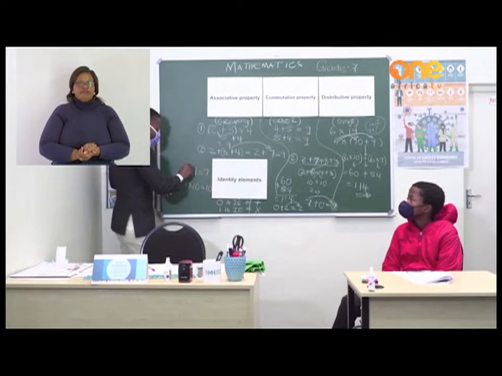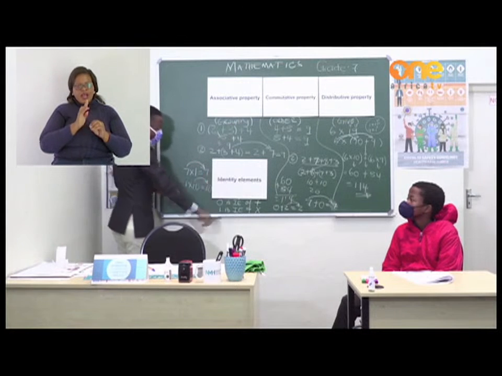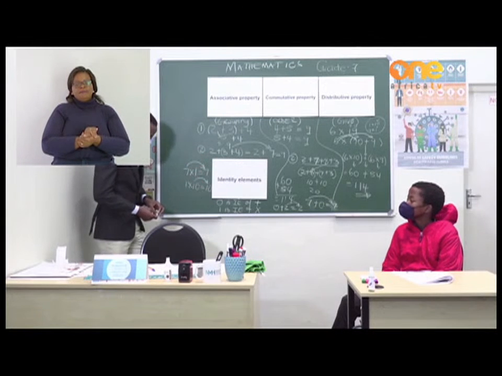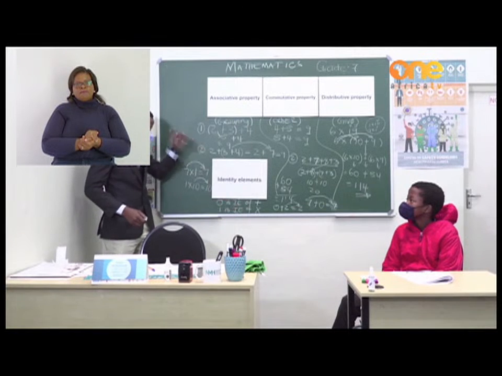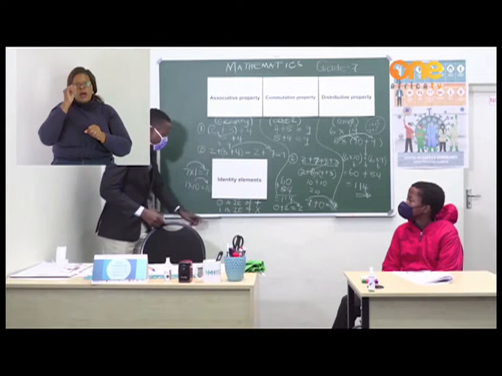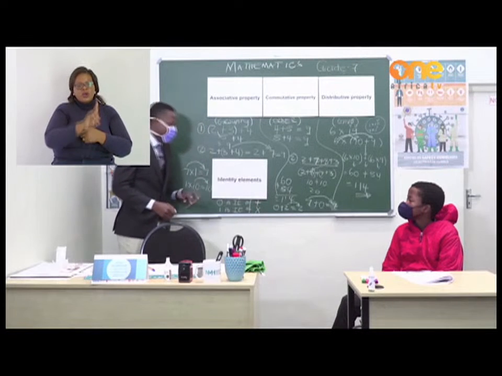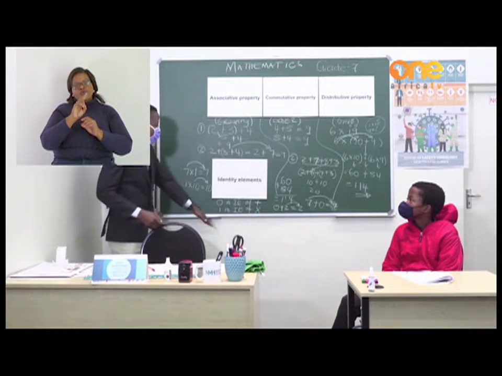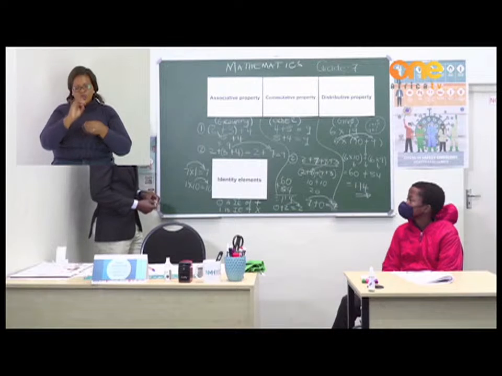So for the answer to be that number, you are multiplying with 1. So this must be fixed in the head that 0 is an identity element of addition and 1 is an identity element of multiplication. Why? Because if you add 0 to a number, you get that number. If you multiply a number by 1, you get that number.